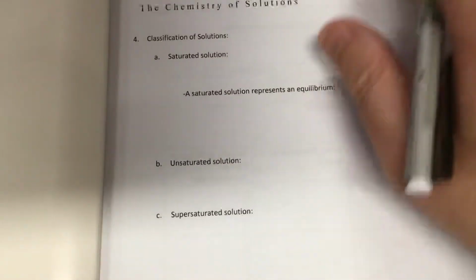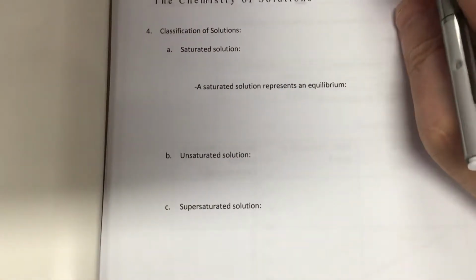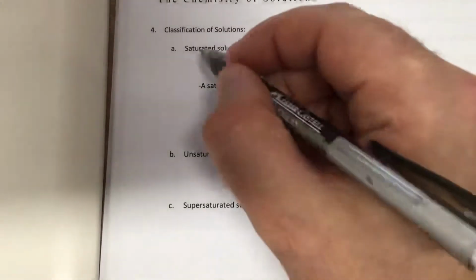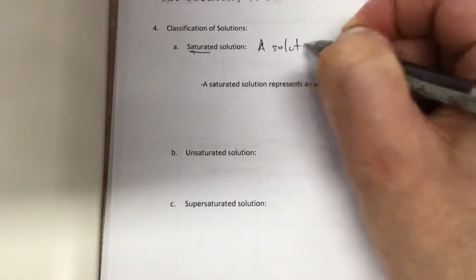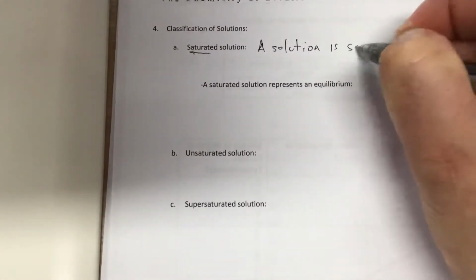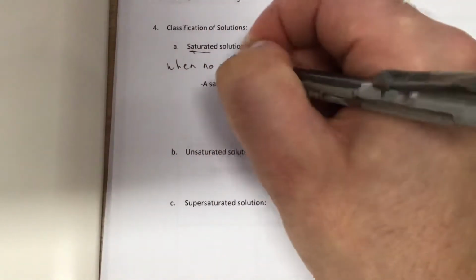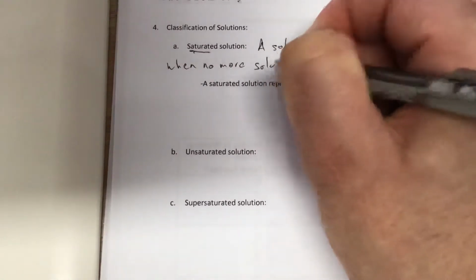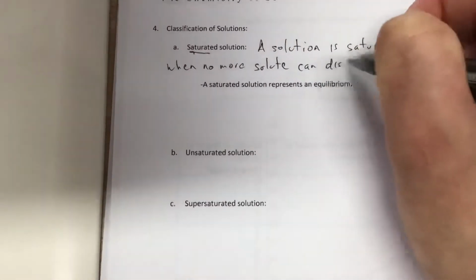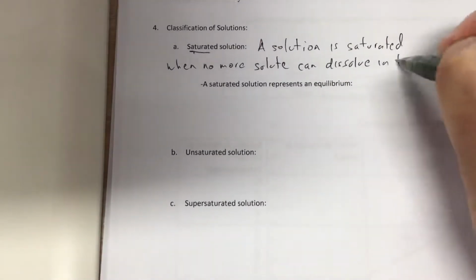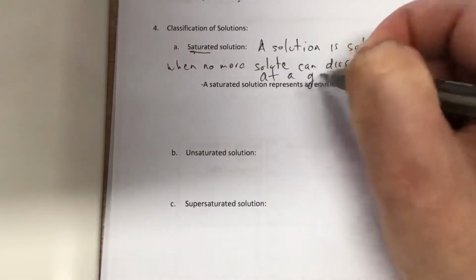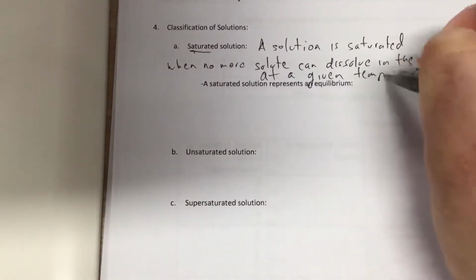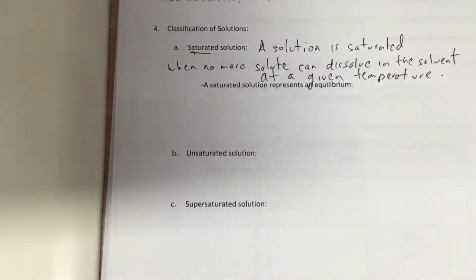So, classifications of our homogeneous solutions. A saturated solution. A solution is saturated when no more solute can dissolve in the solvent, and here's the big point, at a given temperature, because temperature changes the solubility.